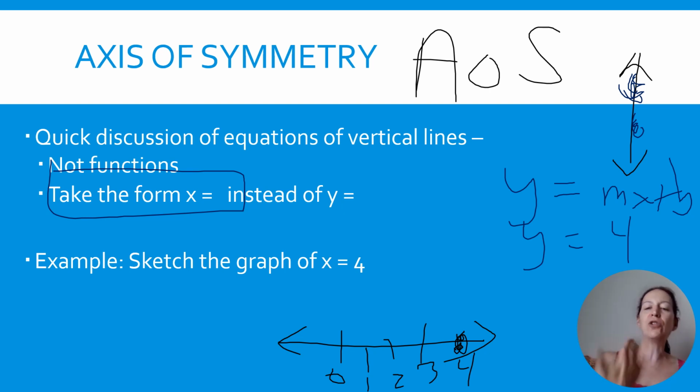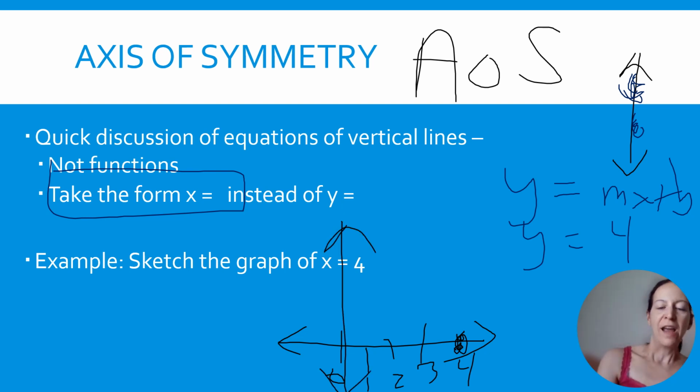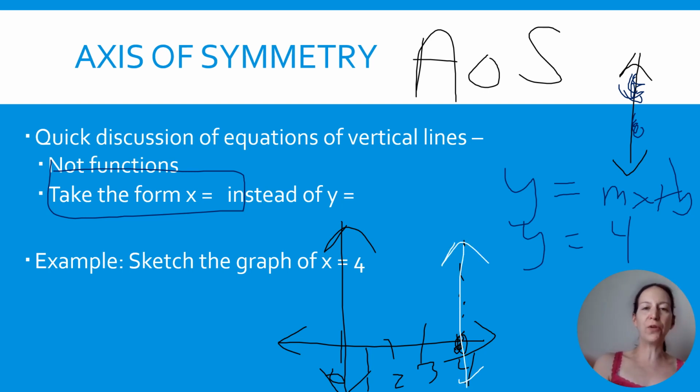Now, if you're working in 2 dimensions, now you're going to have your y-axis, and what that means is that it's not just the point on the number line, it's every single point on the coordinate plane where x is equal to 4, which is going to be that vertical line right there. So if you are asked to draw the sketch of x equals, it's going to be a vertical line.